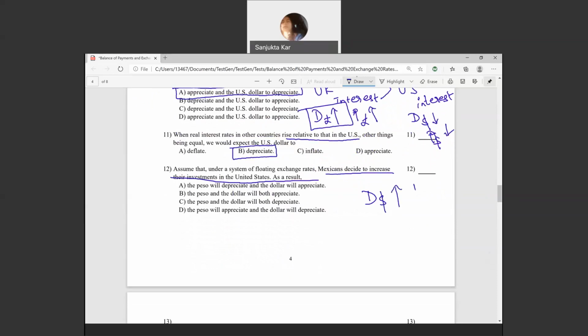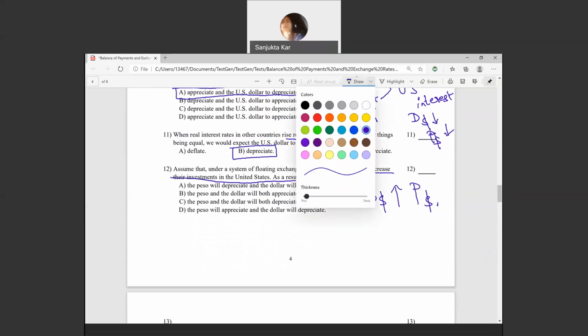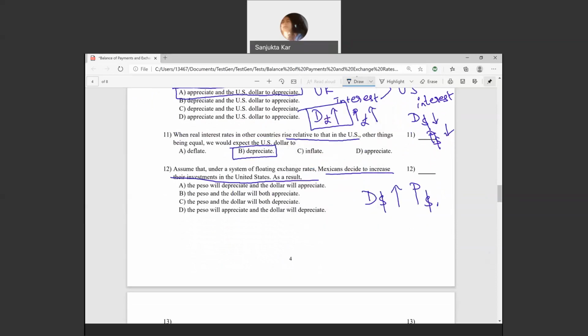When demand increases, price of dollar increases, and at the same time, demand for Mexican pesos will go down, and the price of Mexican pesos is also going to go down. So this will cause the peso to depreciate and dollar to appreciate in value.